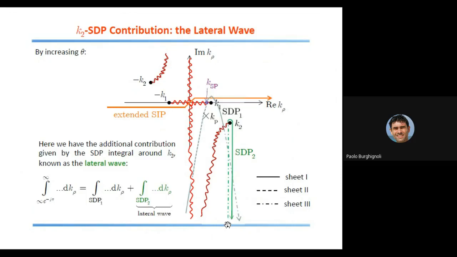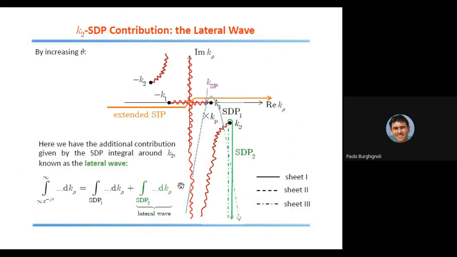So in the end, the situation is more complex, because in addition to the integral along the steepest descent path number 1, the gray one, we also need to integrate along this vertical steepest descent path that goes through the wave number k2. This is by definition the so-called lateral wave that we will discuss more in depth in the next lesson.